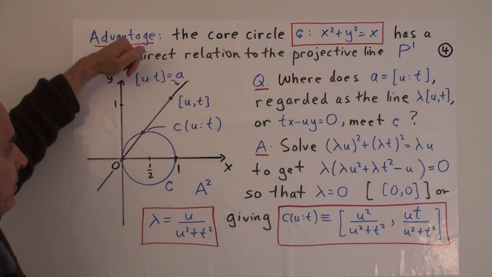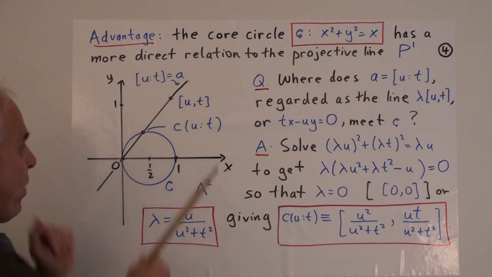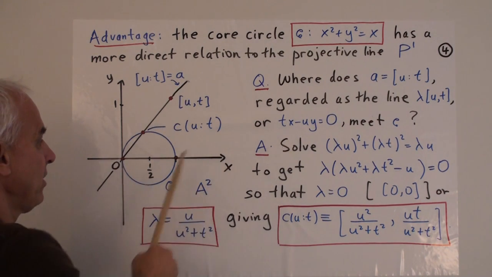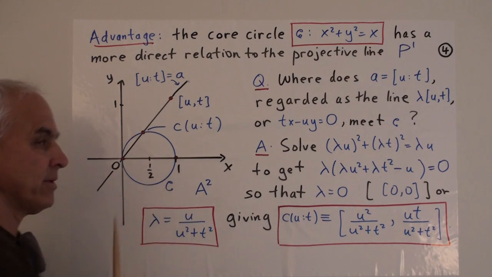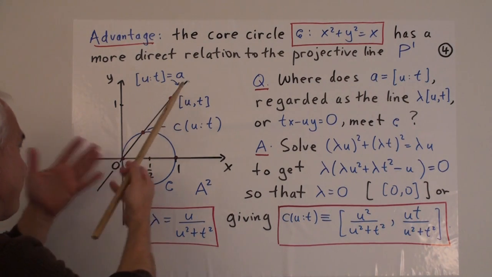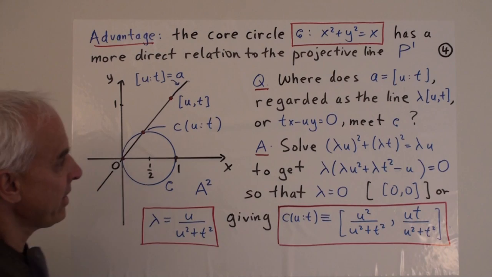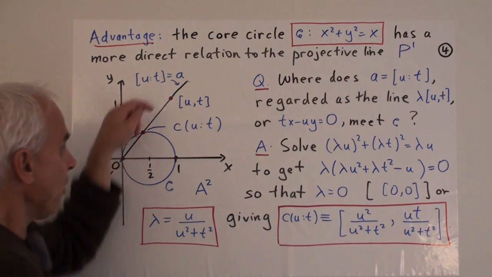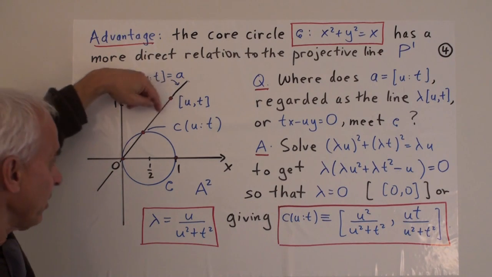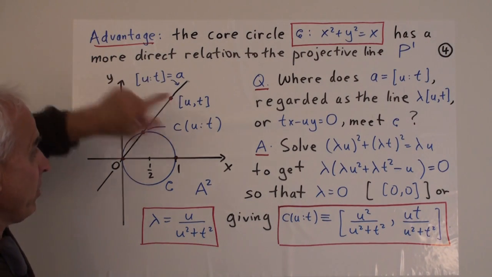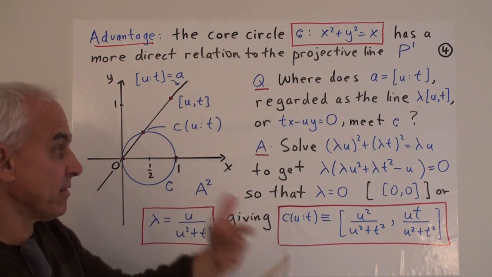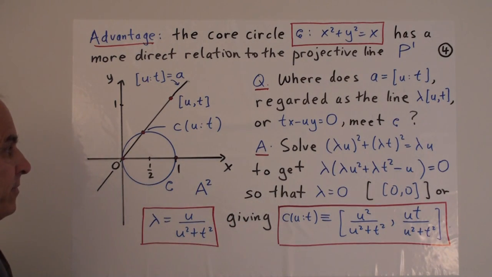So let's call it A. This line, as a line in the two-dimensional space, can be viewed as multiples of this point, or probably better yet, this vector. Or there's the equation of the line if we wanted to write it as an equation in x and y.